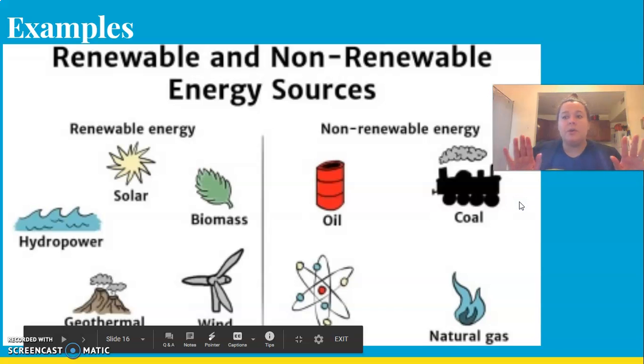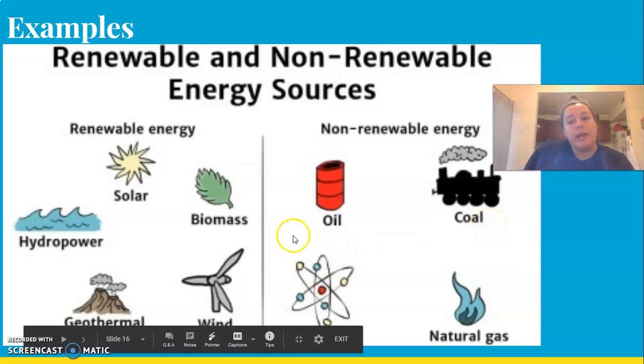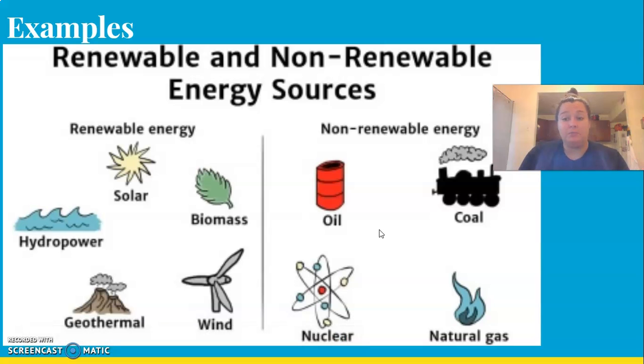All right, so if we look at the types of energy that we have, they fall in these two categories that you can see on your screen. We have renewable and we have the non-renewable. So let's first go over non-renewable. This is your oil, coal, like with charcoal even. Nuclear energy is non-renewable because it uses uranium.